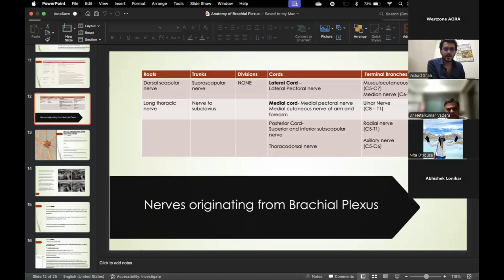Ma'am, they are actually prolonging the duration of the block. Some of the articles are saying that. Sorry, what I'm asking is: if you compare IV dexamethasone versus dexamethasone in the block, is there some real benefit?